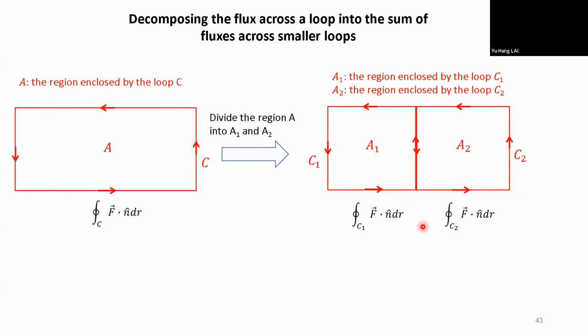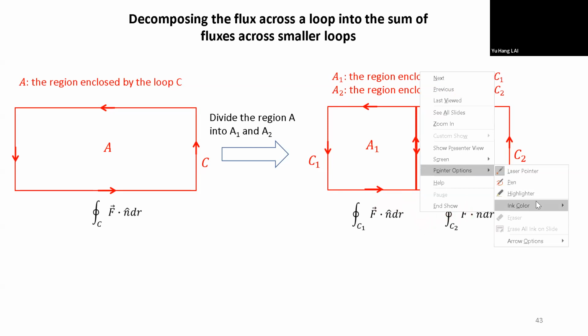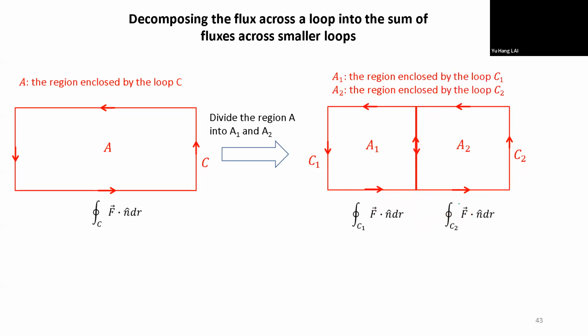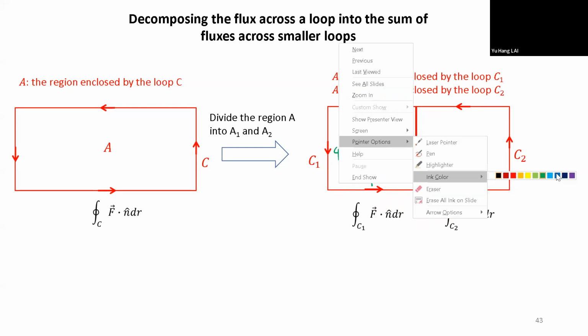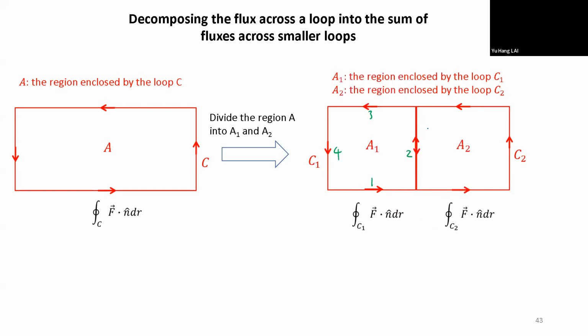It's a very similar argument compared with last time when we did the circulation density. If I want to find the flux integral for C1, I need to take care of four sides: 1, 2, 3, 4. And if I want to find the flux across the other loop C2, I need to take care of these four sides: 5, 6, 7, 8.